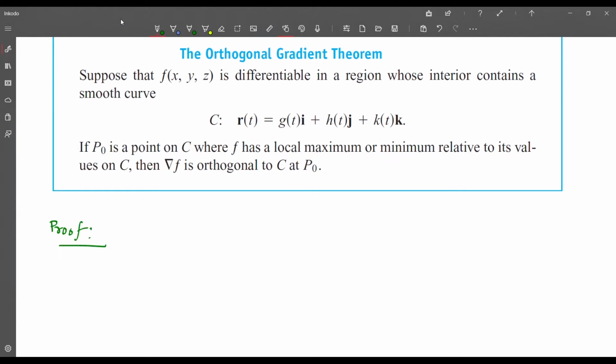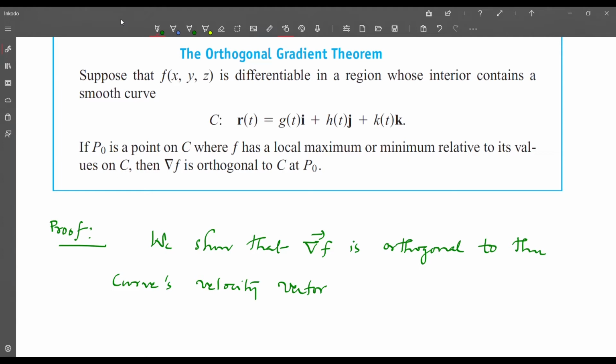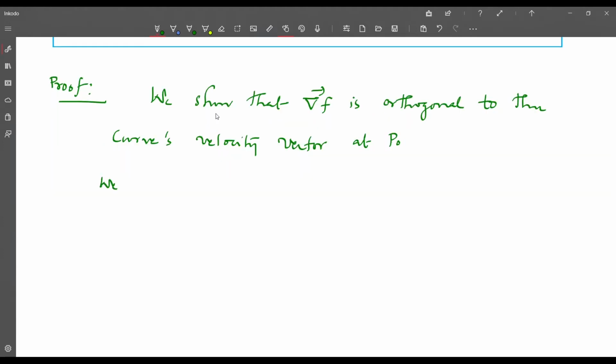Proof: we show that del f is orthogonal to the curve's velocity vector at p naught. So we have C given by r of t equal to g of t i plus h of t j plus k of t k.